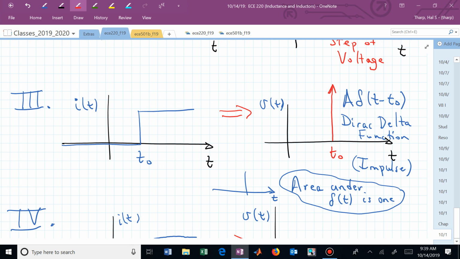The argument is what's inside the parentheses. When is that argument equal to 0? It's at 0. So now the impulse delta of t is there. So this all sort of goes together.